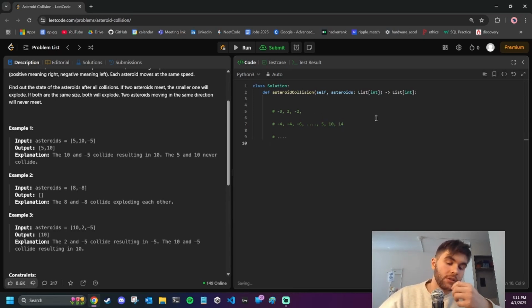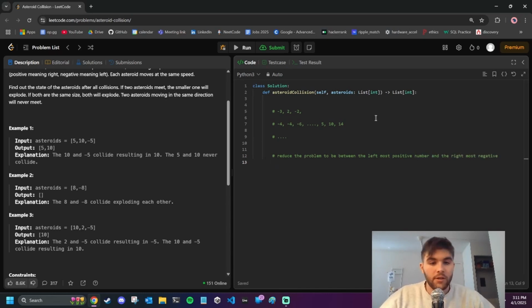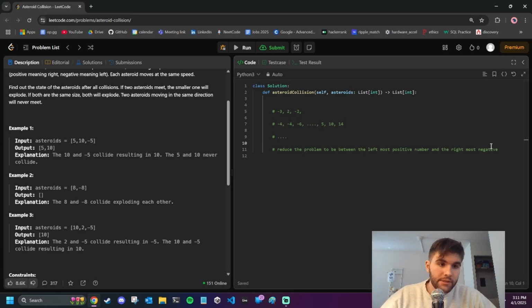So in other words, you can reduce the problem to be between the leftmost positive number and the rightmost negative. So this is where the actual problem is. Everything else can just be condensed.